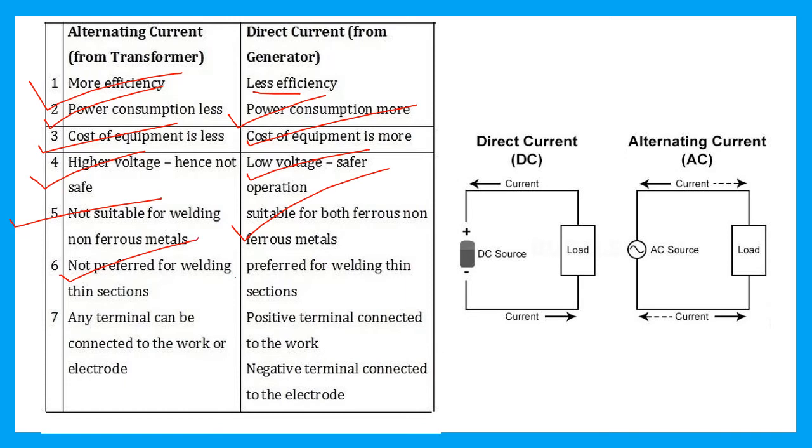In AC, any terminal can be connected to the work or electrode, while in DC only the positive terminal is connected to the work and the negative terminal is connected to the electrode. In AC, this discrimination is not followed, right?